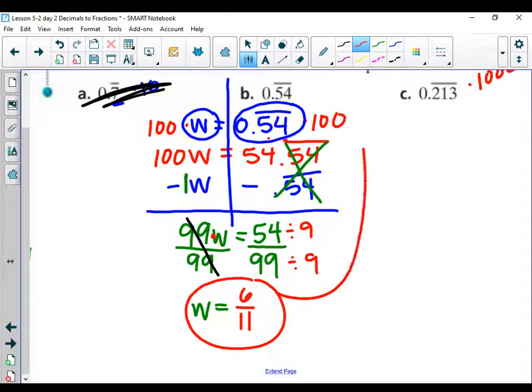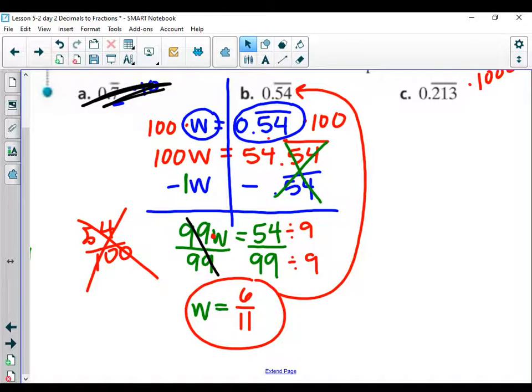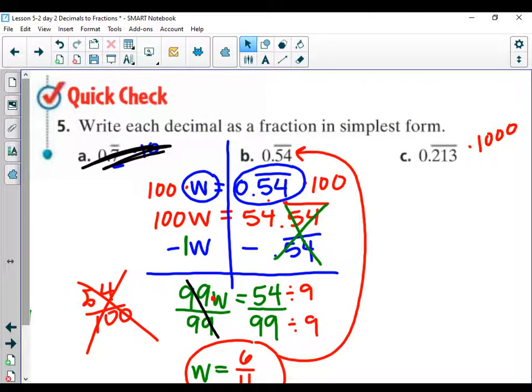Who would have guessed that a repeating 545454 was equal to 6/11? I never would have guessed that. Good thing I just didn't write 54/100, because that's not right. Try 1 is probably pretty tough, but good news. We'll get up off the ground after we fell off and we'll try again.